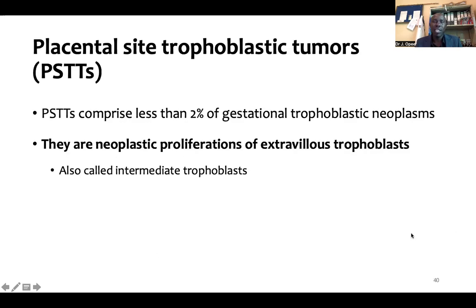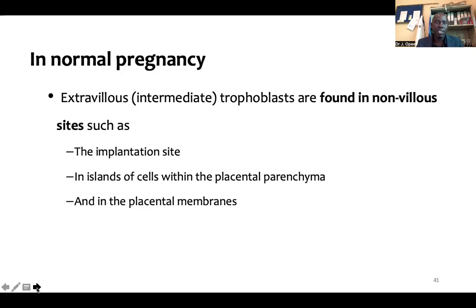What about placenta-site trophoblastic tumors? One of the non-molar lesions. This comprises about 2% of the GTNs, the gestational trophoblastic neoplasia. So they are just a proliferation of extravillous trophoblasts, and sometimes it also involves the intermediate trophoblasts.